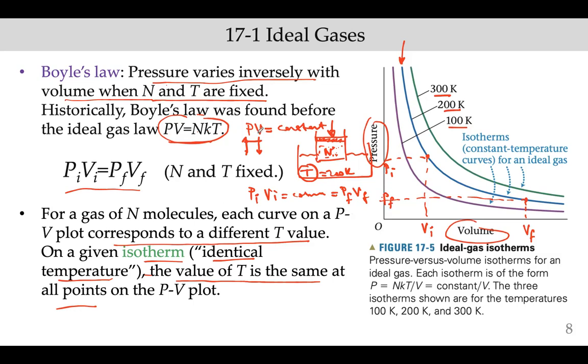What changes is only P and V in this case, because we fixed N and T. So you can use this formula to find whichever is asked, initial or final values. Or if you know P and V values and also the temperature, you can of course plug those in to calculate the number of molecules.